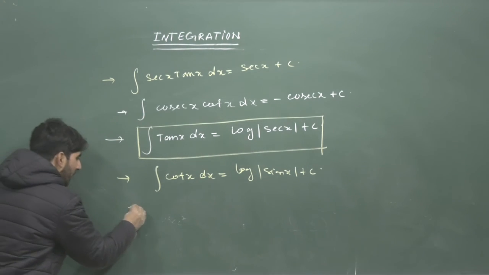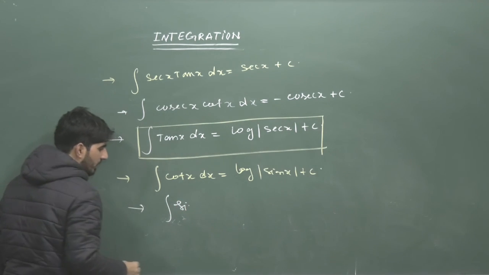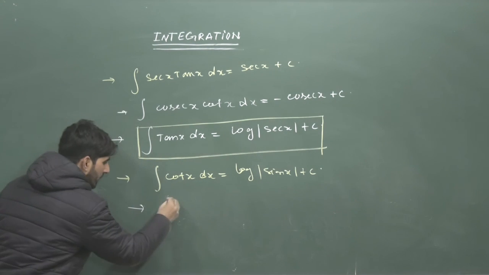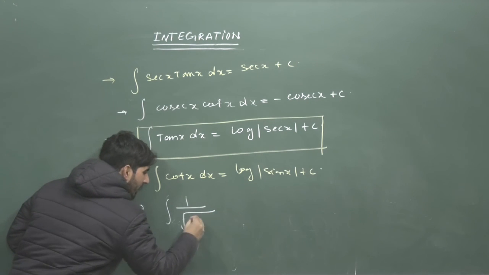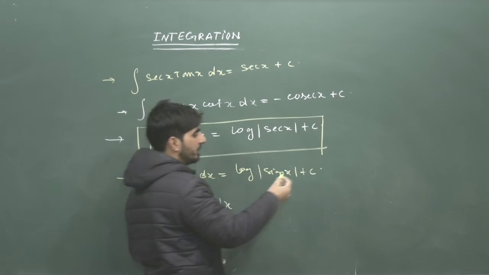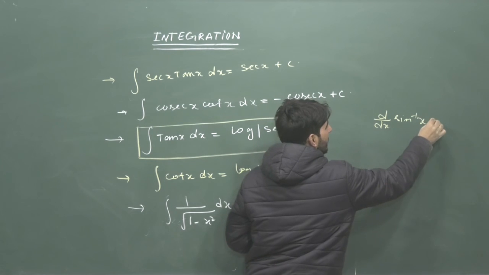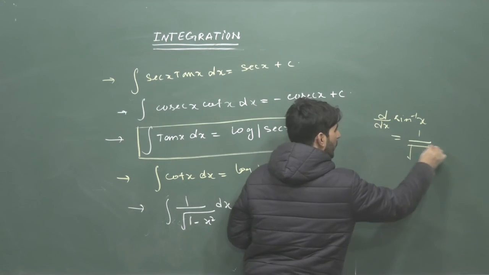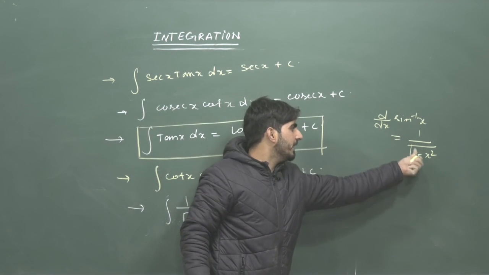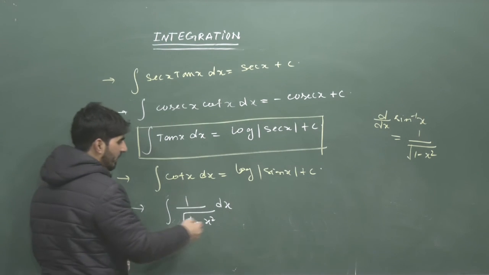Now, integration of 1 divided by root over 1 minus x square dx, because we know that differentiation of sin inverse of x is 1 divided by root over 1 minus x square. So we may write here integration of 1 divided by root over 1 minus x square is sin inverse of x.